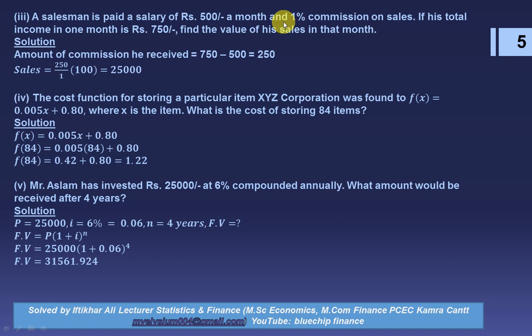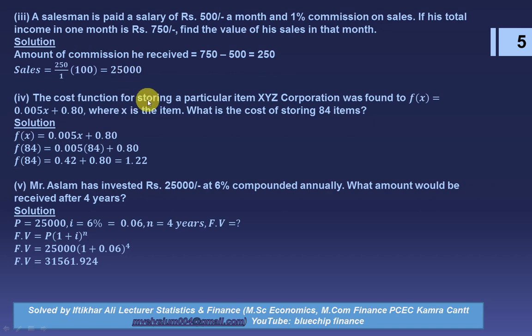And this 250 is only 1% of the sales. So 250 divided by 1 multiplied by 100 gives the sales. So that should produce the answer of 25,000. So sales is 25,000.